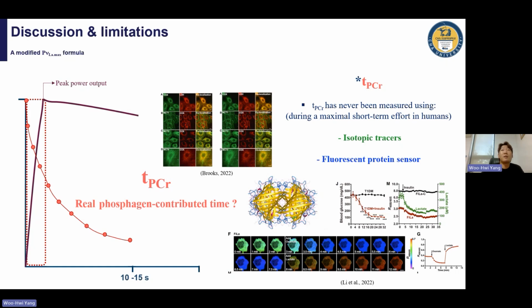So actual direct measurements for TPCR and exact metabolic contributions have to be determined, for example, isotopic thresholds or fluorescent protein sensors in future studies.